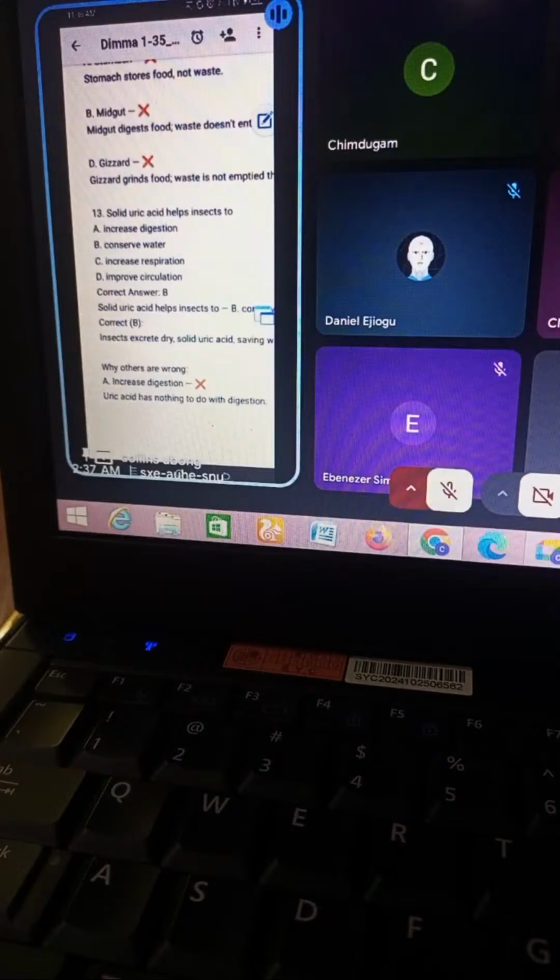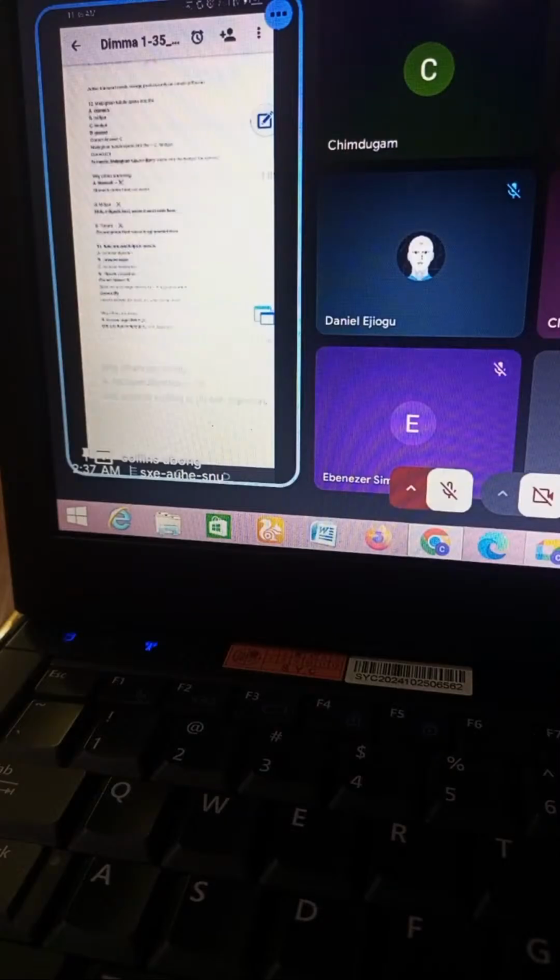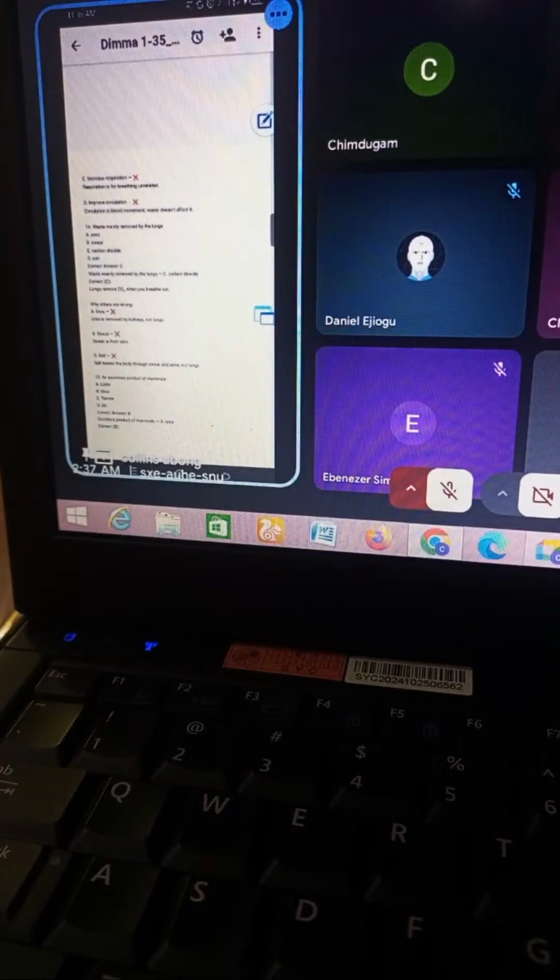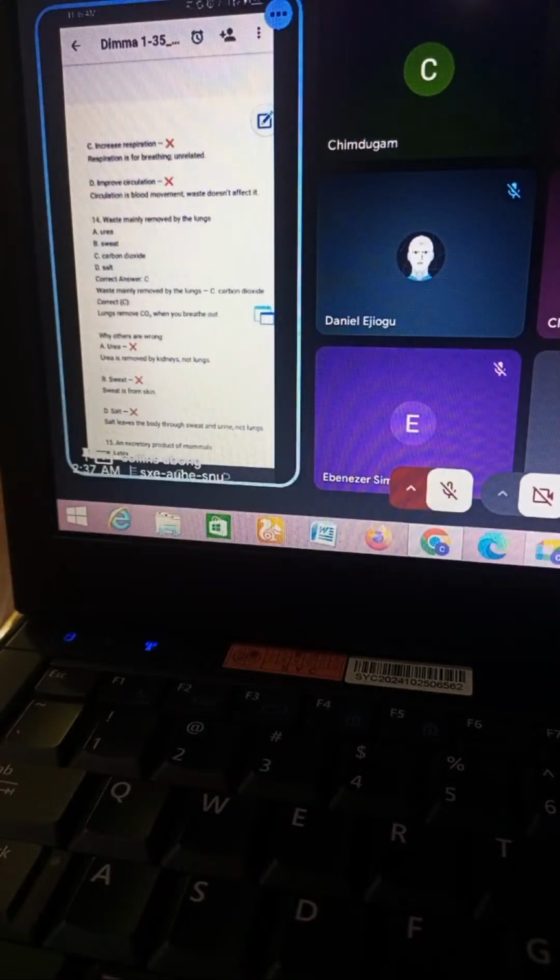Uric acid has nothing to do with digestion. Then C, increased respiration. Respiration is for breathing, and they are unrelated. Then D, circulation is blood movement. Waste doesn't affect it. 14, waste mainly removed by the lungs is, and the answer is C, carbon dioxide.